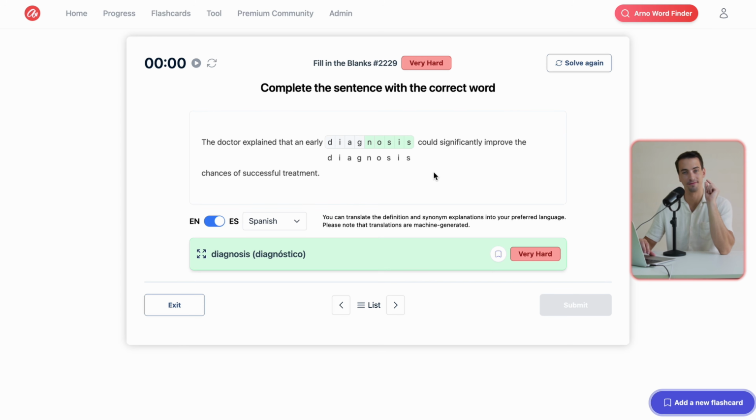But the clues that made me very confident is that if you can get an early diagnosis, if you can catch a disease early or detect a disease early, then your chances of a successful treatment are much higher. So, for example, if you're able to catch or detect cancer early, then you can start treatment before the cancer spreads. So that was another strong clue that the word I was looking for would be a diagnosis.